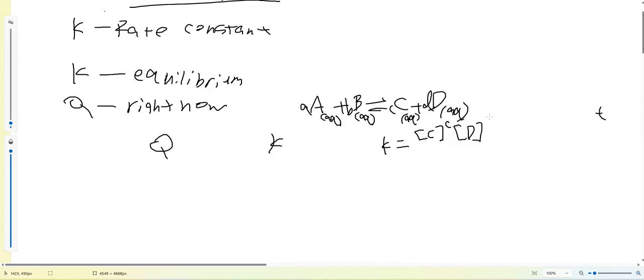So C to the C, D to the D, over A to the A, times B to the B. So Q, then, is going to be much like the same way. However, since these are not all at equilibrium, we're going to add a little time t equals 0.